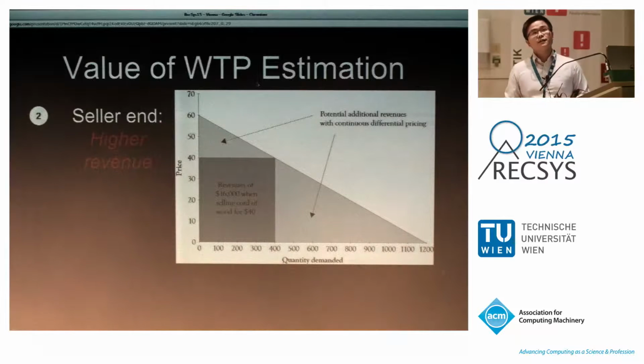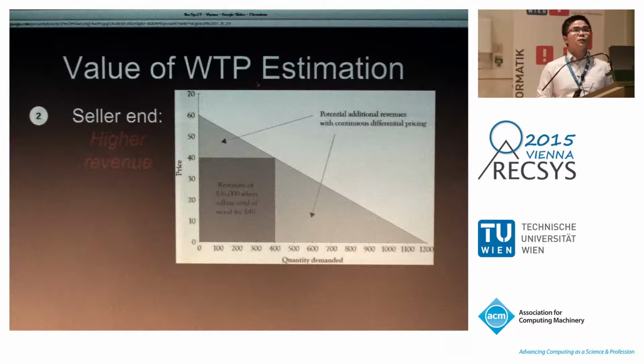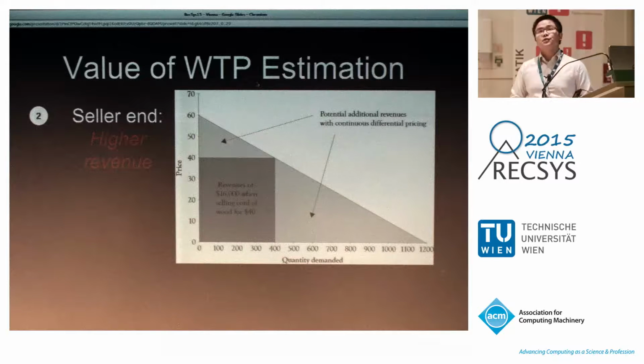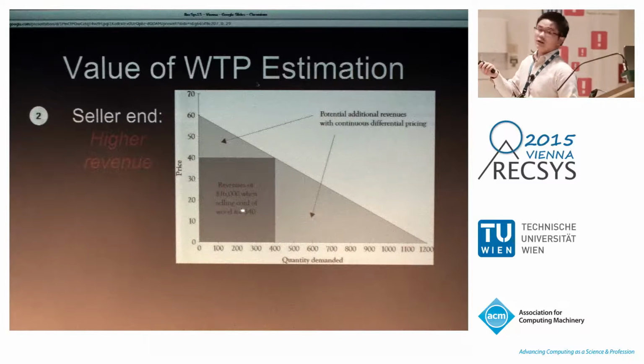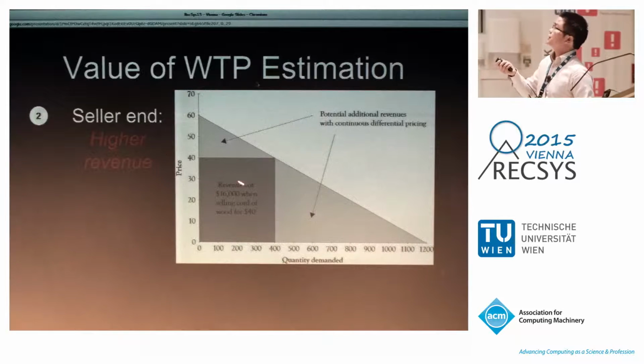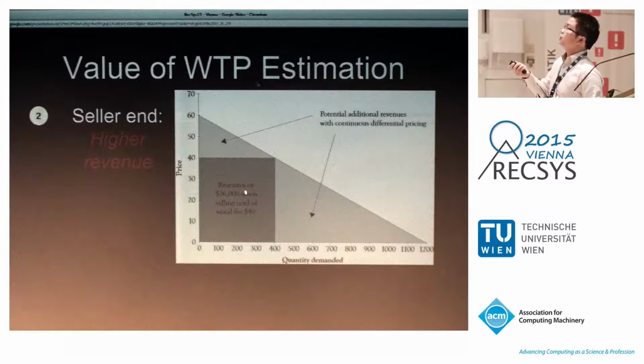This makes sense, right? Because as the price decreases, more people are willing to buy it. In most cases, the price is fixed, meaning it's the same to everyone, right? So the sales revenue is easy to calculate. It is the area of this shaded rectangle.